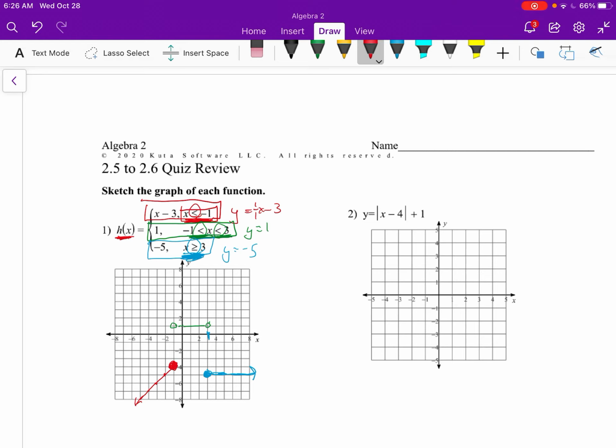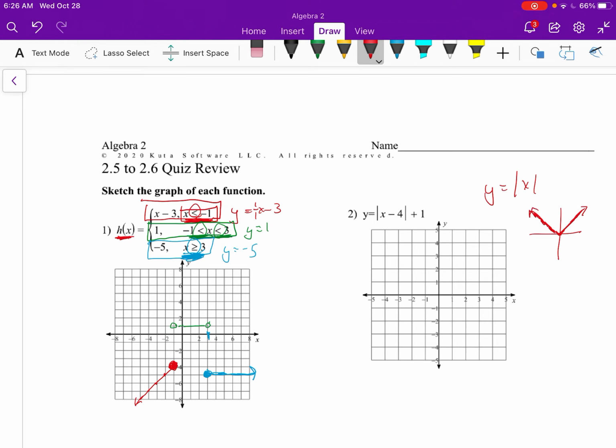Moving on to the next one, absolute value function. We should know that the parent function, y equals the absolute value of x, is a V. The vertex goes through 0, 0. The right side has a slope of 1, and to the left of the vertex has a slope of negative 1.